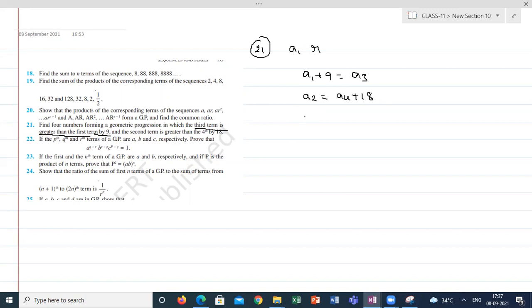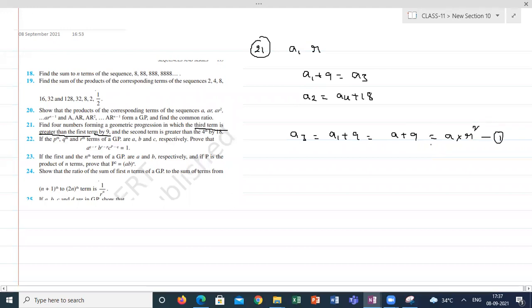So they mentioned A3 is equal to A1 plus 9. That is A plus 9, which is equal to A into R square. This is my first equation. Second relation is A2 is equal to A4 plus 18. That is AR will be equal to AR cube plus 18. This is my second relation.